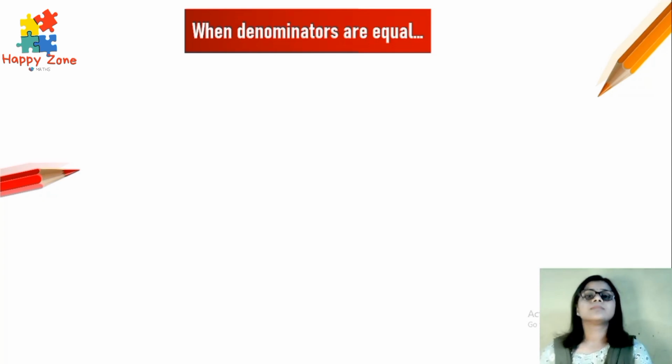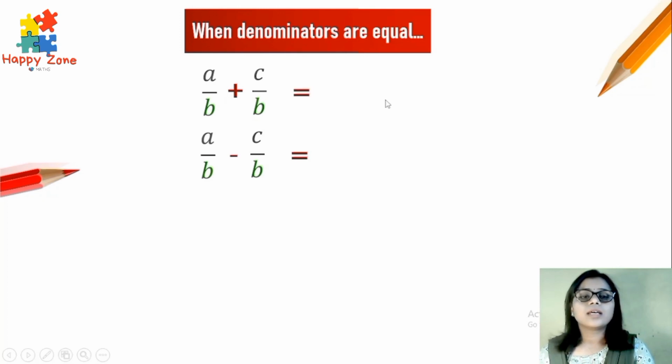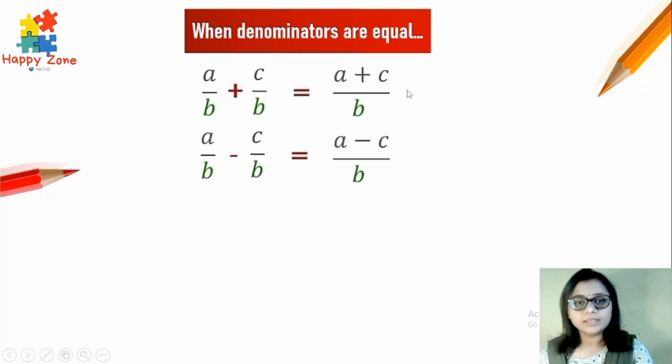Now let us summarize what all things we have seen in this video. When denominators are equal, what do we do, children? We just add or subtract the numerators and the denominators remain as they are.